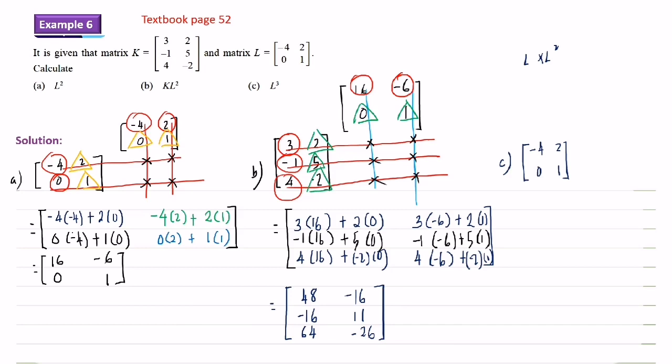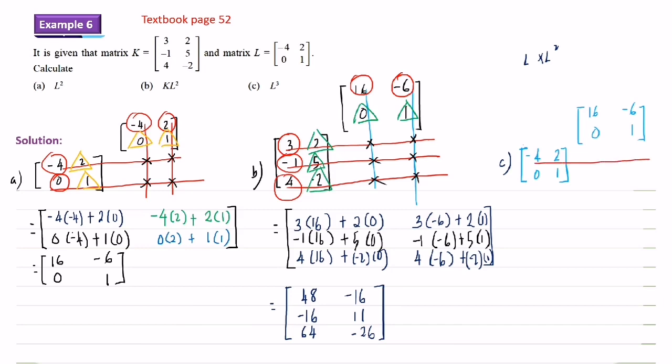And L squared from A is 16, negative 6, 0, 1.